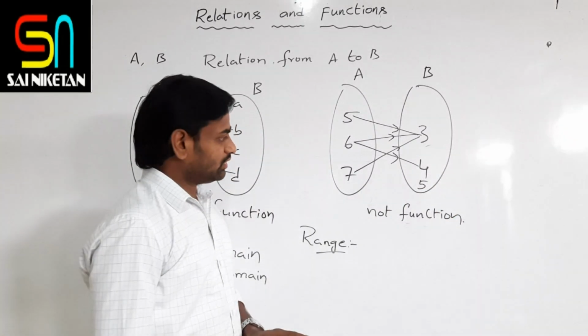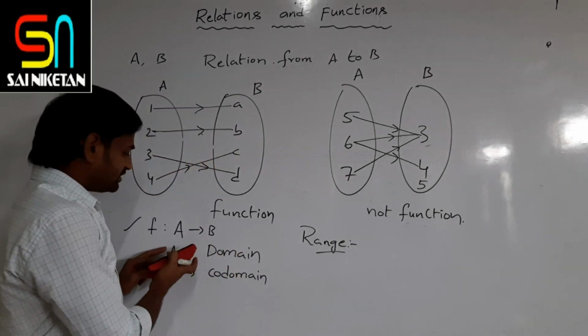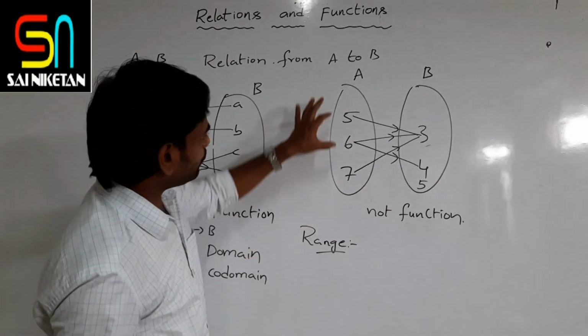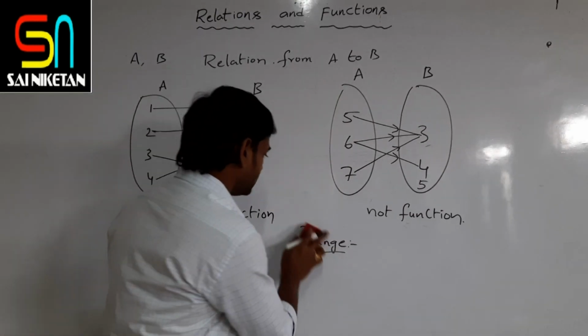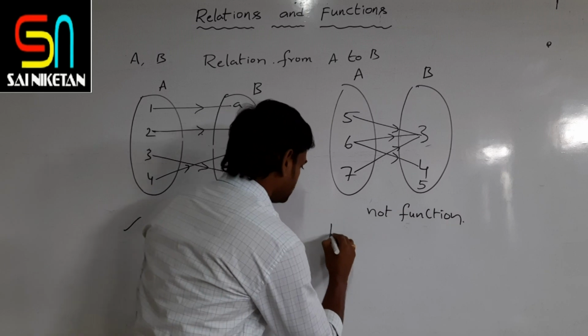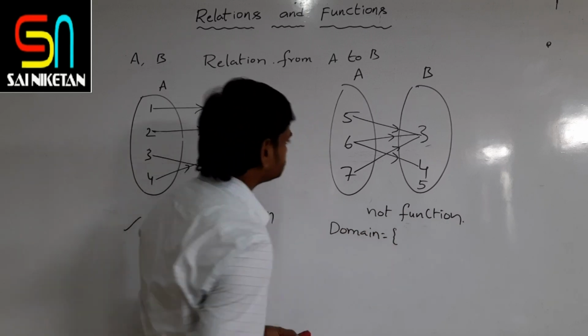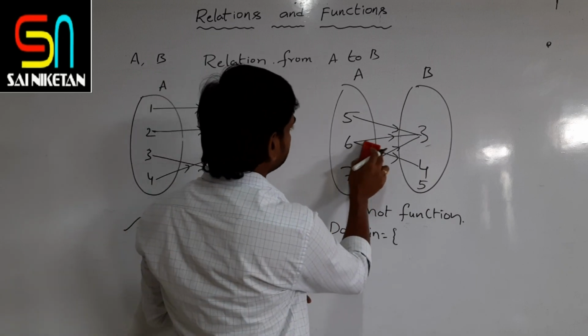Previously I said the first set is domain, second set is codomain. So what are the domain elements? Here I am erasing the mapping.